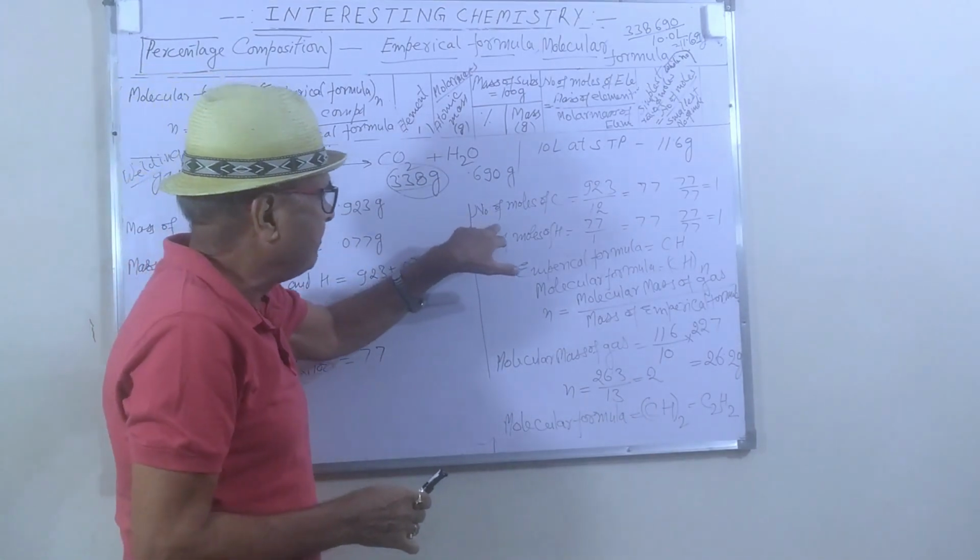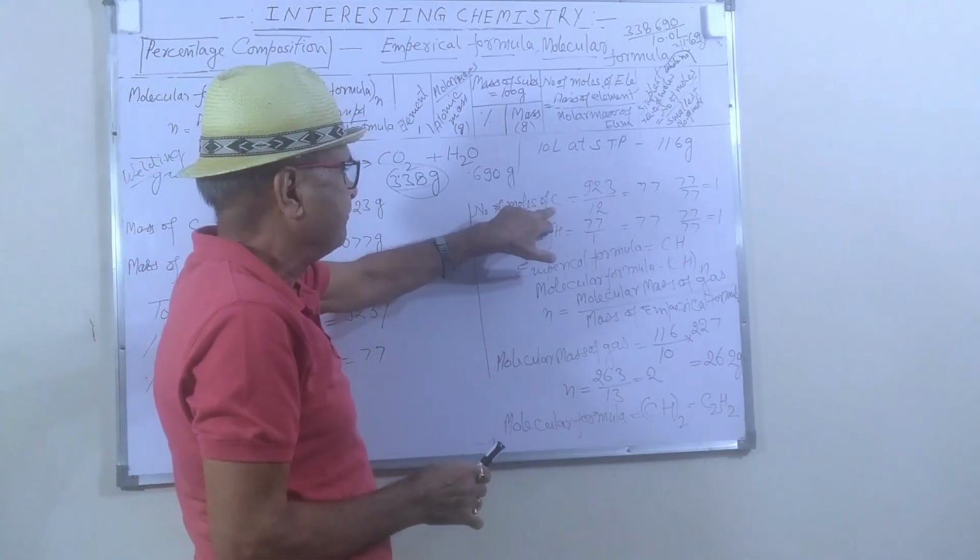How will you get the number of moles of carbon?